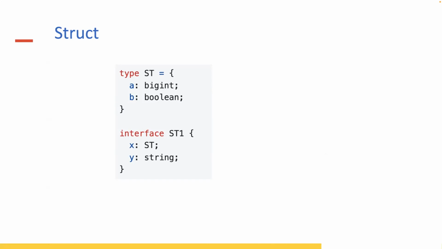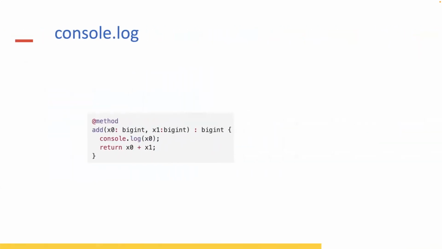Seems this is straightforward. Next, console logs. I just talked about the different statements, right? We talked about how you do loops, using the special for loop syntax. The if conditional is the same as in normal TypeScript.